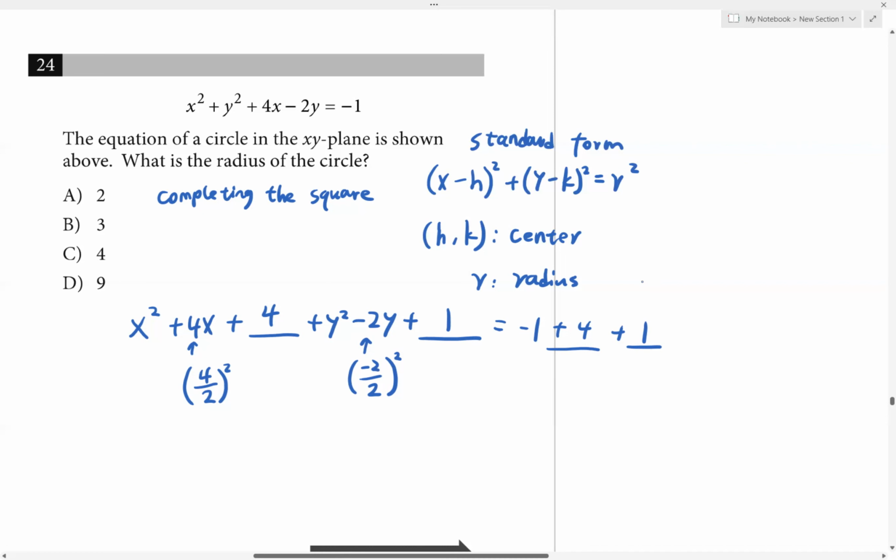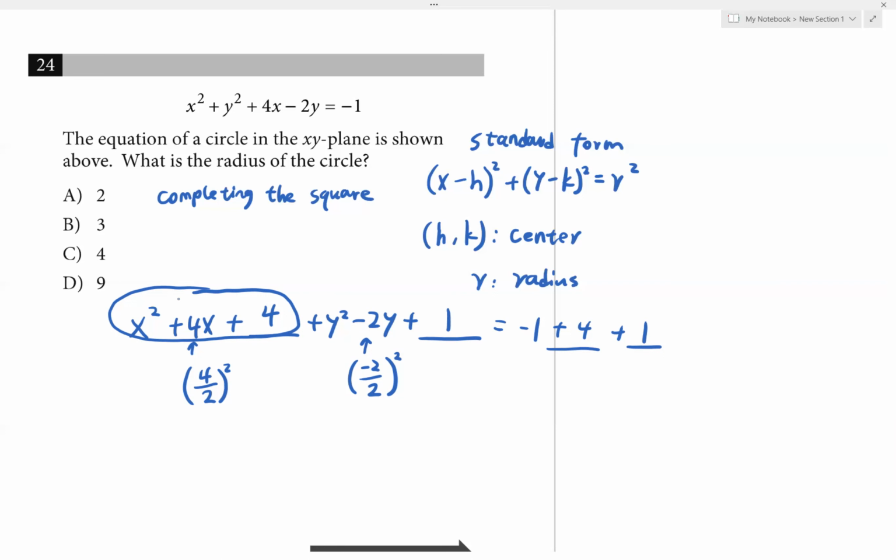Once we have that, the question is, why do we add a number? How would that help us? We add a +4 there. Now this thing here, x squared plus 4x plus 4, we can actually factor it. This is called a perfect square trinomial.